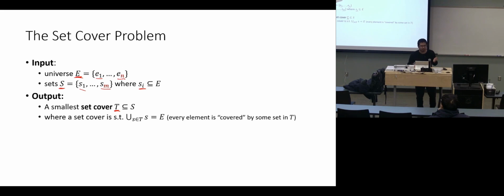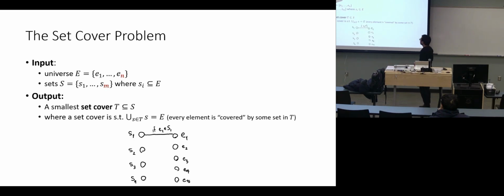Once you get this abstract problem, you can view it as a graph problem too. How? For each element, you create a node on the right. And for each set, you create a node on the left. And I create an edge from E1 to S1 if E1 is inside the set. If you create edges like this, you get a bipartite graph.